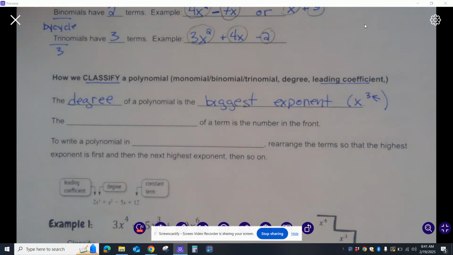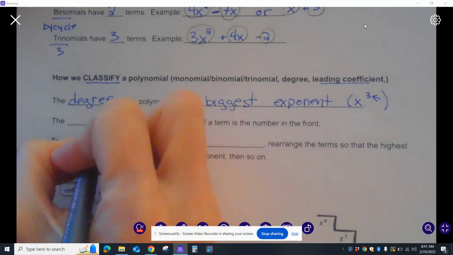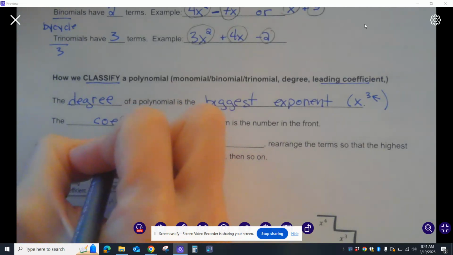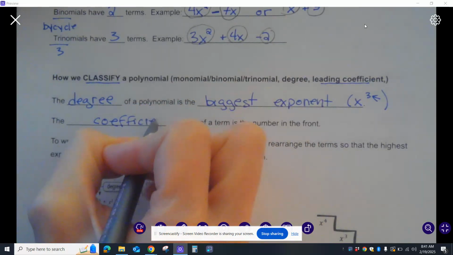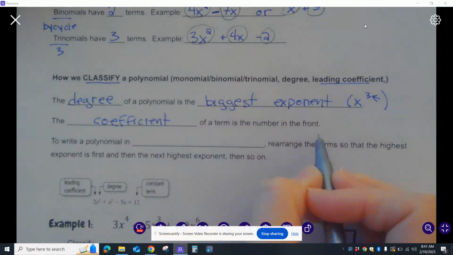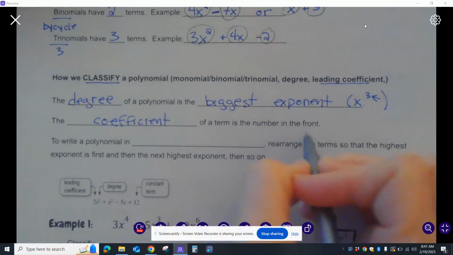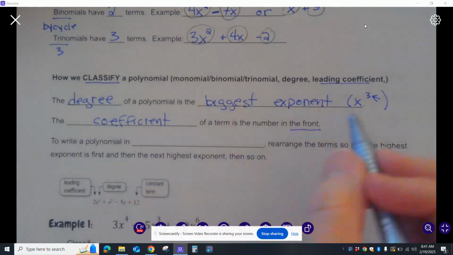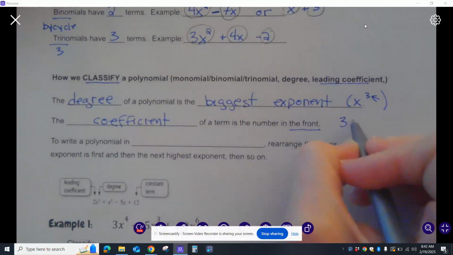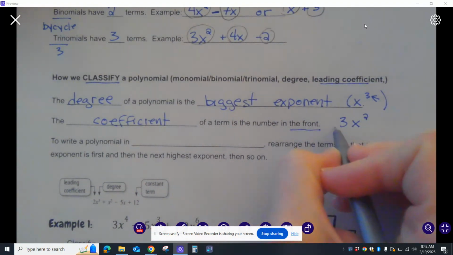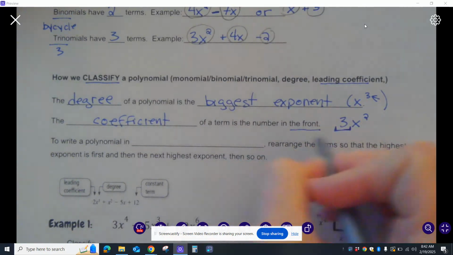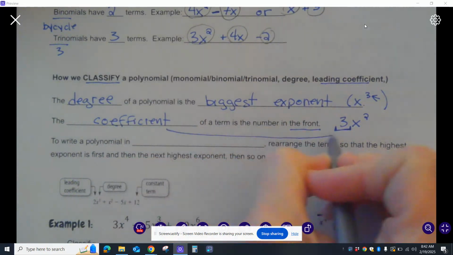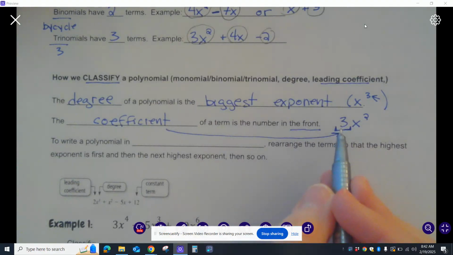The coefficient of the term in the front. Okay, I'm just going to leave that for now. We're going to talk more about this in a minute, but let's just put a little example and remind ourselves this is the coefficient. So that is a coefficient, the number multiplied by the variable.